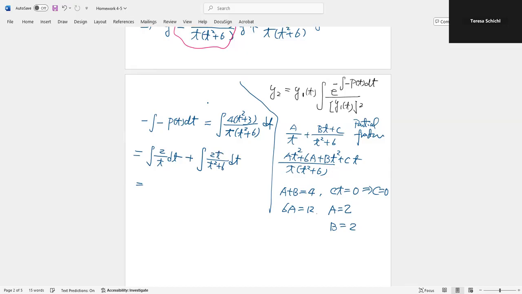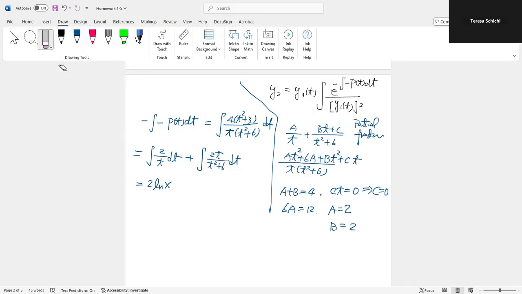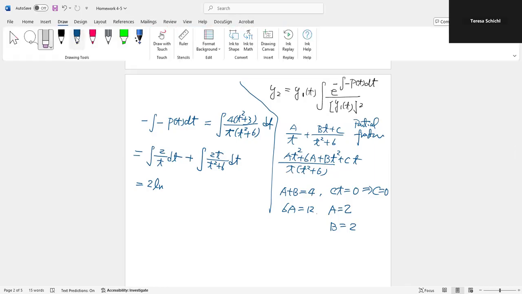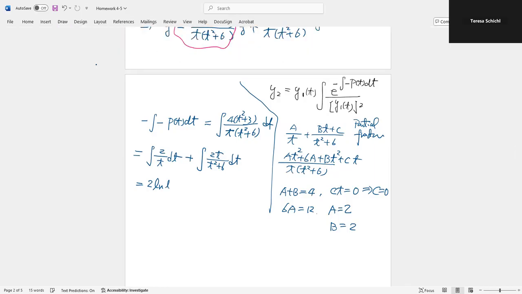The first is 2 natural log t. I don't need an absolute value because let's say t is greater than 0.